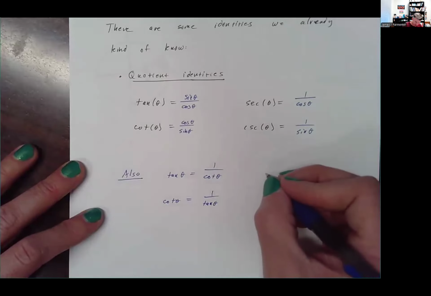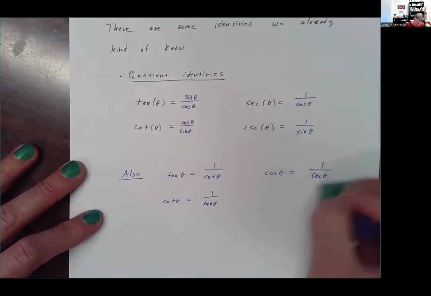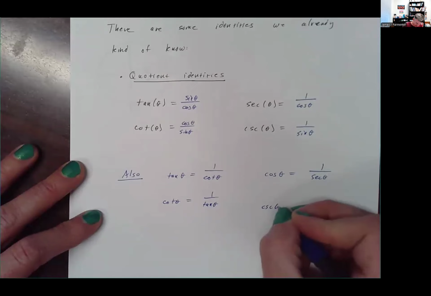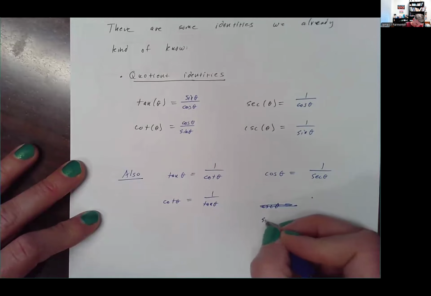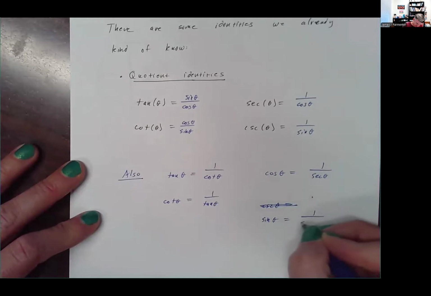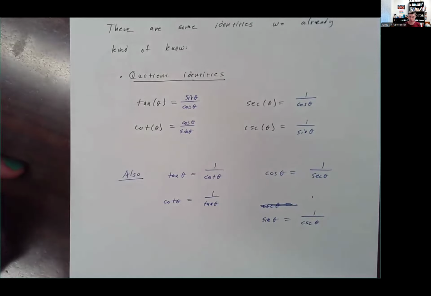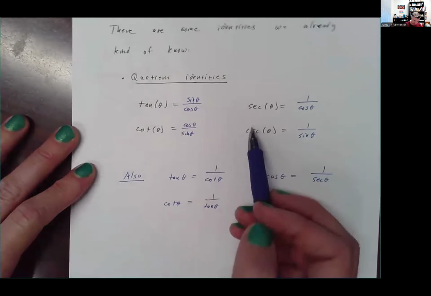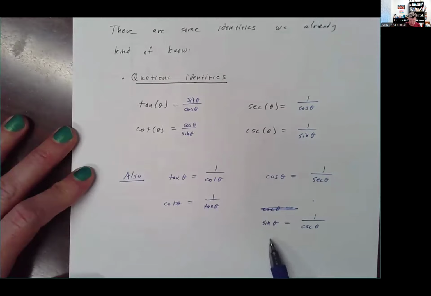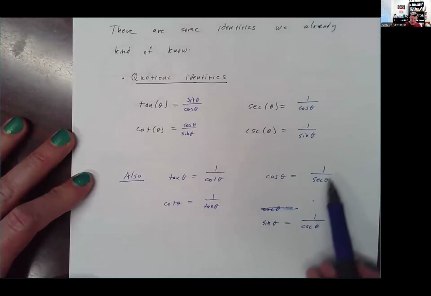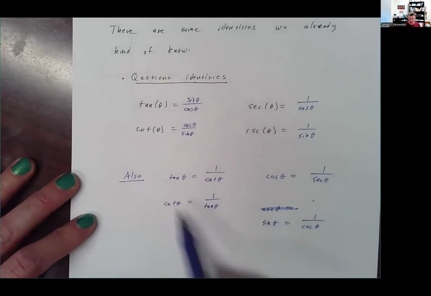And we can also write that cosine of theta is the reciprocal of secant, and sine of theta is the reciprocal of cosecant of theta. But usually when you're trying to simplify an expression using identities, you're starting with something like this and replacing tangent with sine or cosine, or cotangent with cosine or sine. We don't often replace 1 over secant with cosine. We just kind of read it as 1 over 1 over cosine. So these 4 are the 4 important quotient identities. These other 4 are less often used.